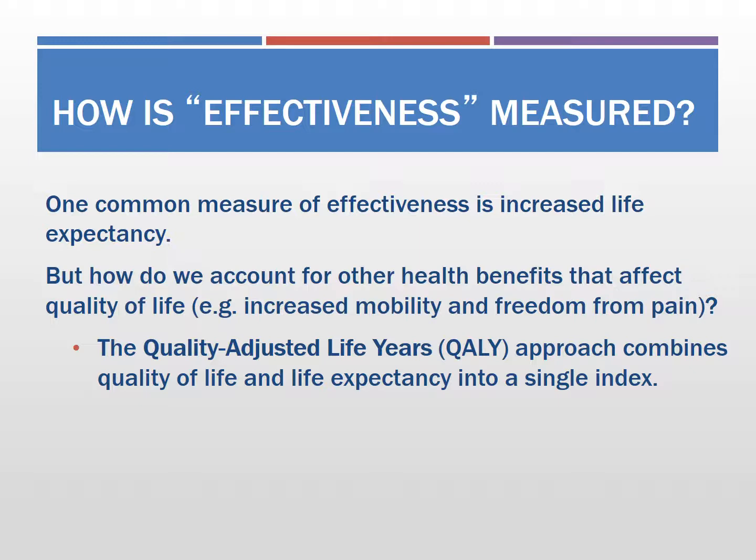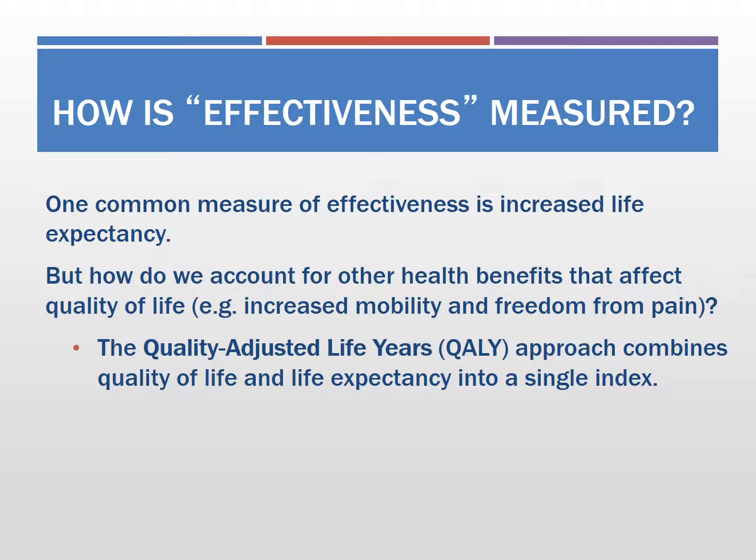But how are we going to count other health benefits that affect quality of life, such as increased mobility if we provide a surgery that can cure a broken leg, or freedom from pain? How about treatments for lung cancer without so much pain? How should that effectiveness be counted in the equations?